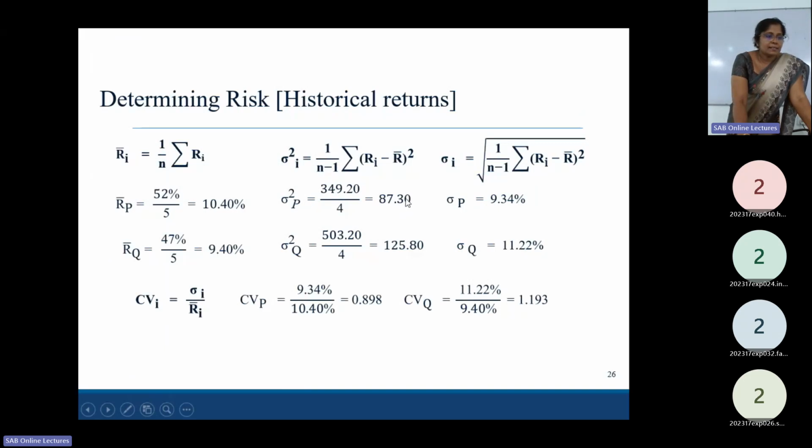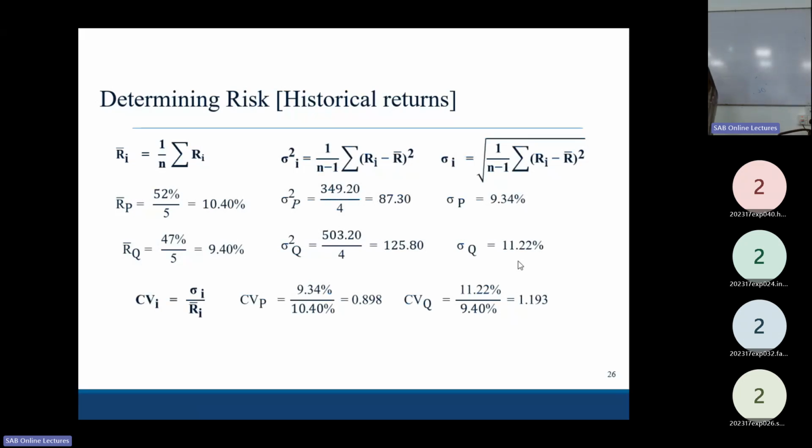Here are the variance and standard deviation for company P. Similarly, you can calculate for company Q: R bar 9.4, variance 125, and standard deviation 11.2. Once you calculate the coefficient of variation for company P and company Q, these are the answers.